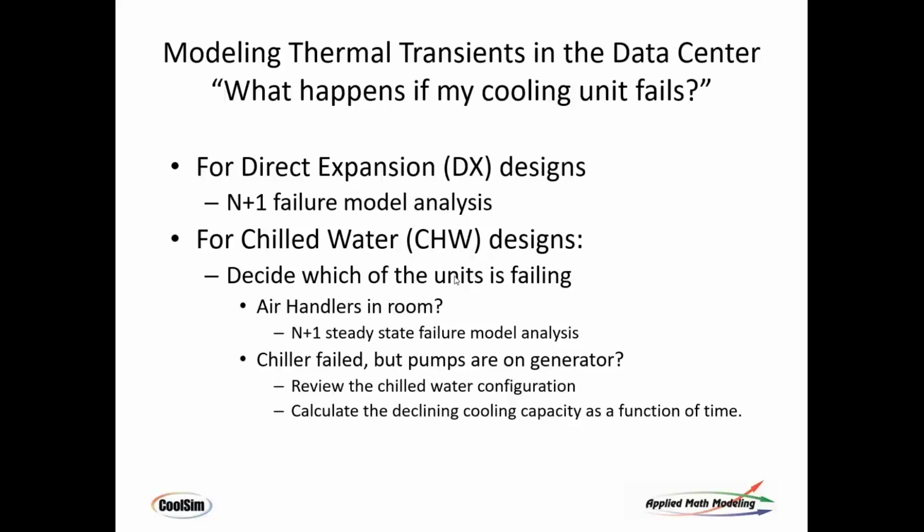Now, if the pumps aren't on, we're back to a case where, and I'll show you one case where, it's just not really worth considering. But the case where the chiller failed, there is a chilled water loop that's worth considering, going to keep that data center cool for a period of time. People often want to know what that time is, and therefore you need to calculate the declining cooling capacity that happens as a function of time.